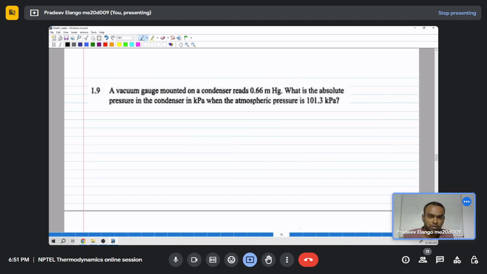The next problem: a Bourdon vacuum gauge mounted on a condenser reads 0.66 meter mercury. What is the absolute pressure in the condenser in kilopascal when the atmospheric pressure is 101.3 kilopascal?